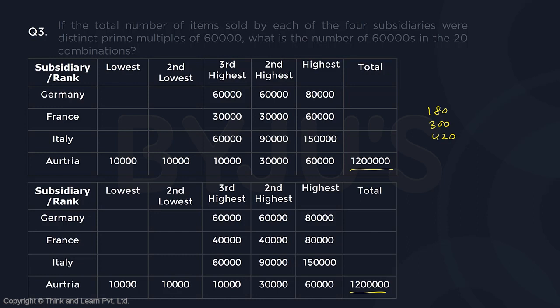So highest must be 420. Second highest will be 300, that is Germany. And France will be in that case 180.